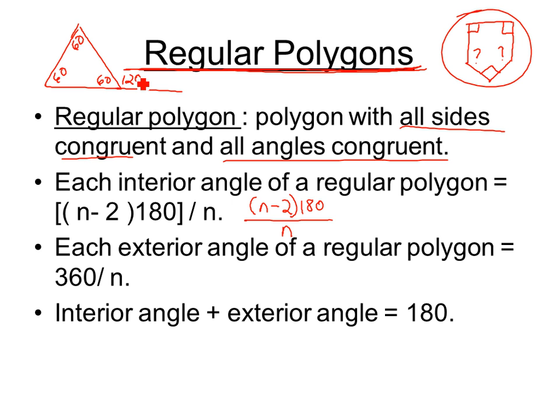And probably the easiest way to find that, if you know the interior angle, is this last thing down here. Each interior angle and each exterior angle always have to add up to be 180. So any interior angle and exterior angle that are at that same vertex, they always got to add up to be 180.